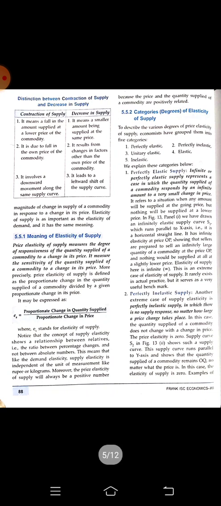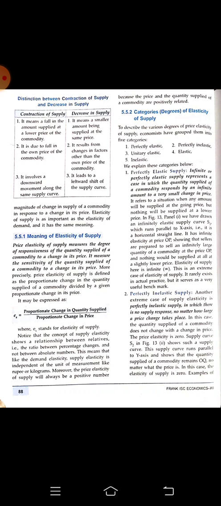So price elasticity of supply is going to tell us the ratio, or you can say the responsiveness and sensitivity of the quantity supplied to a change. What will be the change with this change in price? Okay, first thing is we have to measure it. Price elasticity of supply measures the degree of responsiveness of the quantity supplied of a commodity to a change in its price.